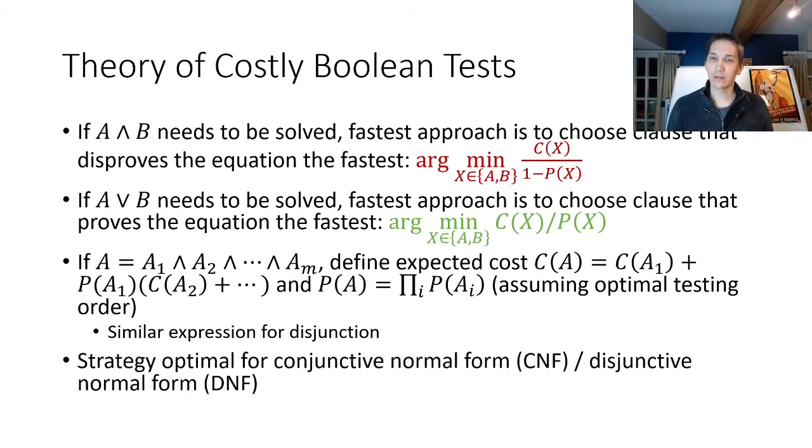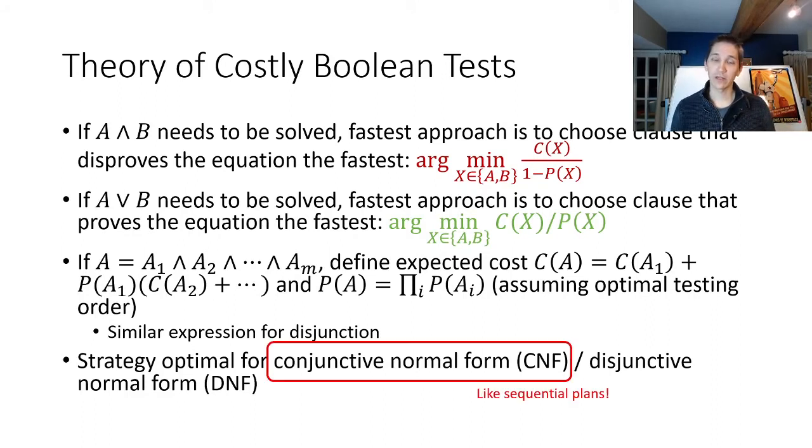Now, if we just take this definition of C of A and P of A, then if we have an expression that's in conjunctive normal form, that is an and of several ors, then we can use this equation to determine the truly optimal strategy for testing whether the conjunctive normal form formula is true. Similarly, we can do this for disjunctive normal form. Now, conjunctive normal form, though, is important for sequential plans, because what we're trying to do is find a grasp that works, plus a pose that it reaches it, plus a plan that reaches it from the start.